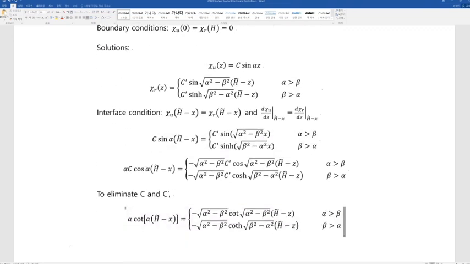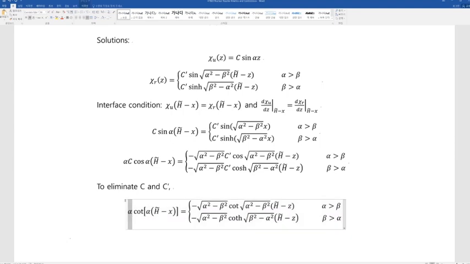So previously we intentionally defined alpha and beta. If we substitute alpha and beta, then we will be able to see how we solve this equation.